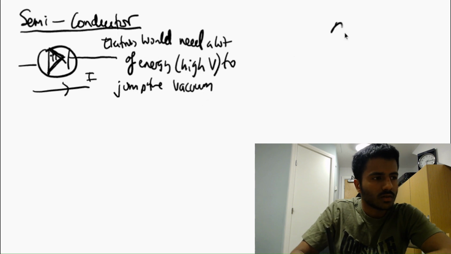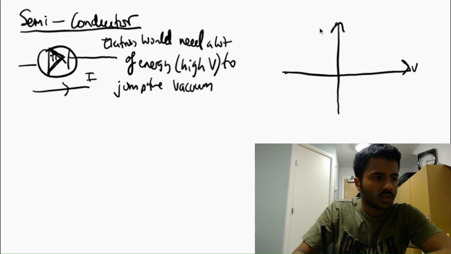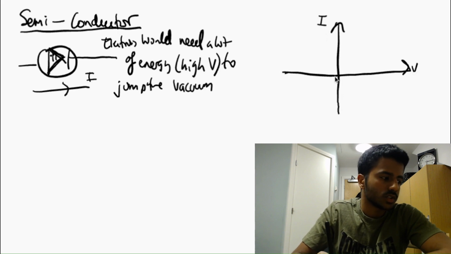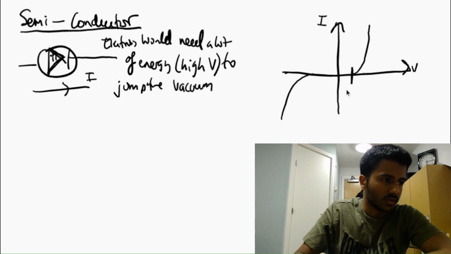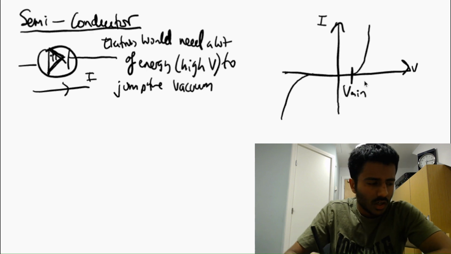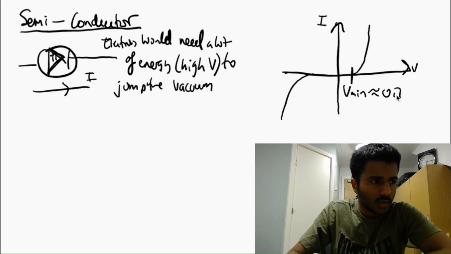So if you were to look at a diode graph in terms of voltage against current, or current against voltage, you'll see it will look something like this. This here is the threshold voltage, or the breaking voltage. Let's call it Vmin. And for a silicon diode, it's roughly equal to 0.7 volts.